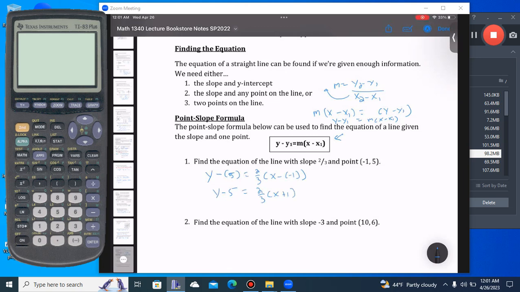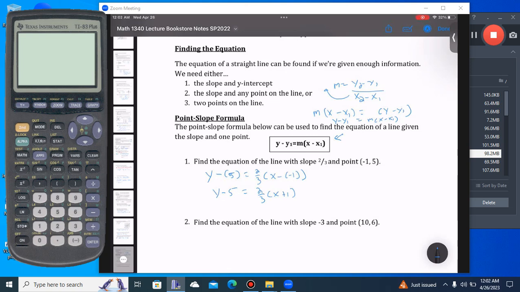Right. And then normally what we do from there is we solve this for y to get the slope intercept form, because that form only has one possible way of writing it for a specific line, whereas you can have multiple points on the line and write this form in different ways.